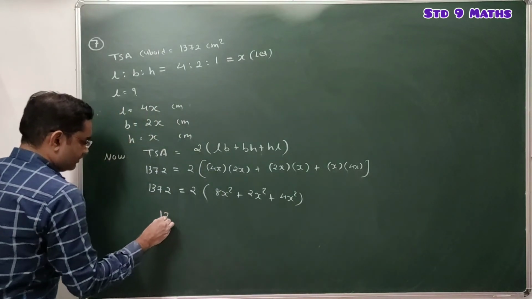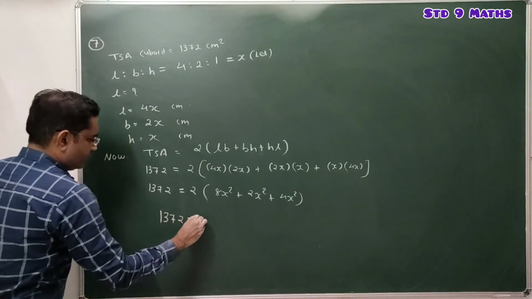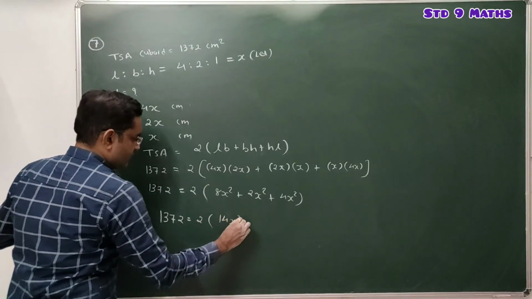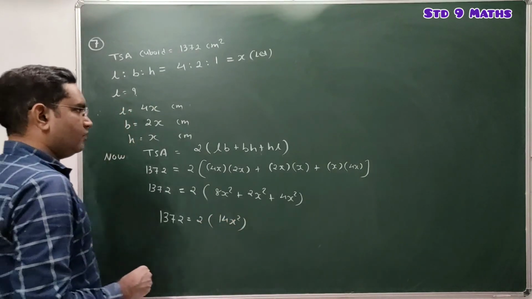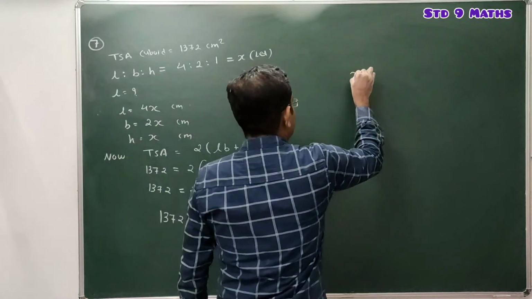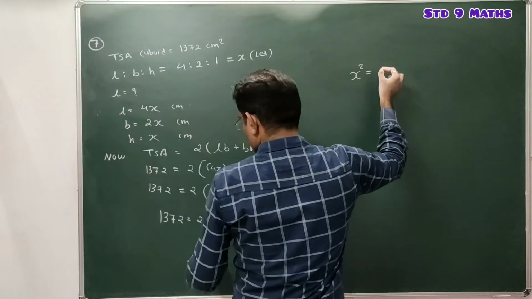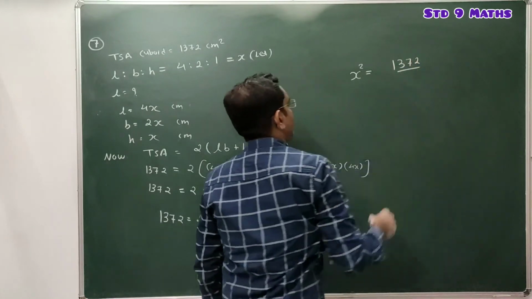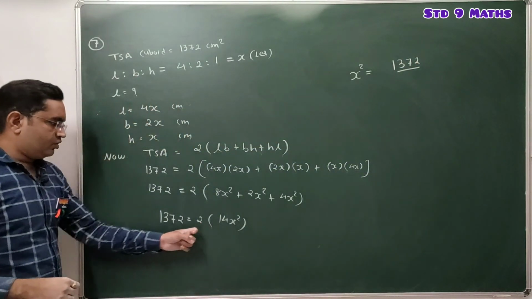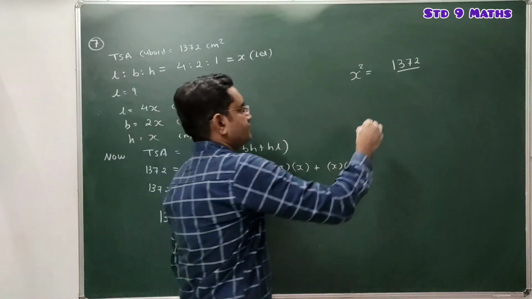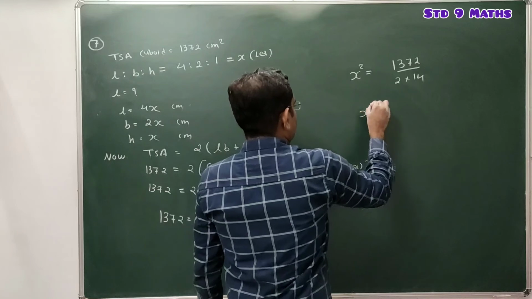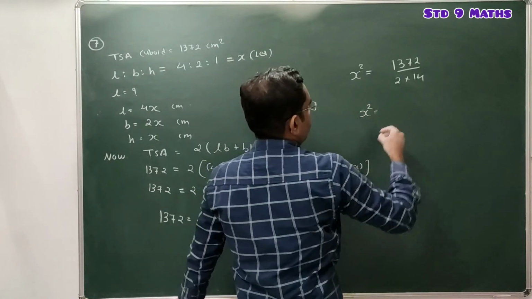So 1372 equals twice of 14x square. Now we get the value of x square. So x square is nothing but 1372 divided by 2 into 14. What is the simplification?